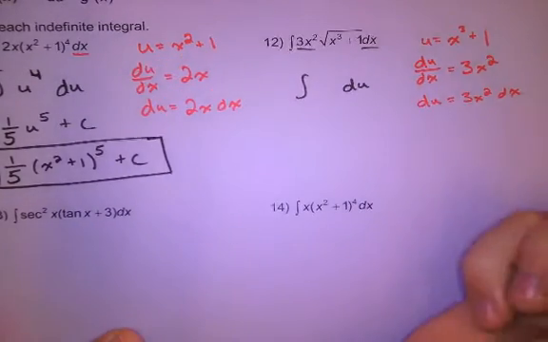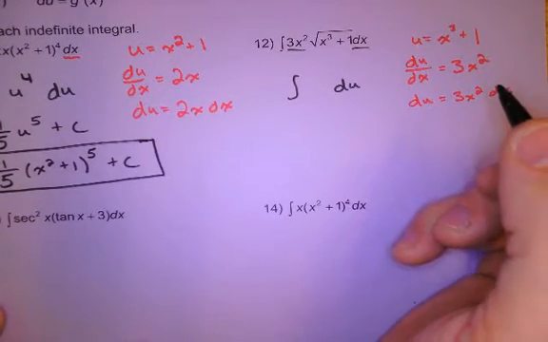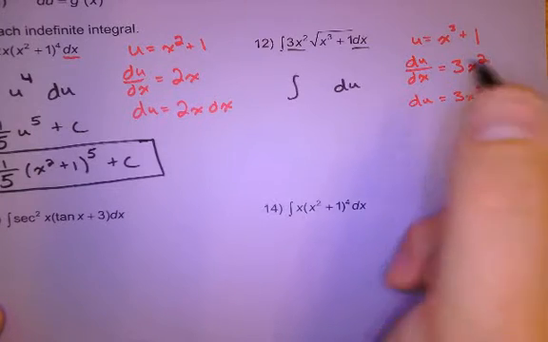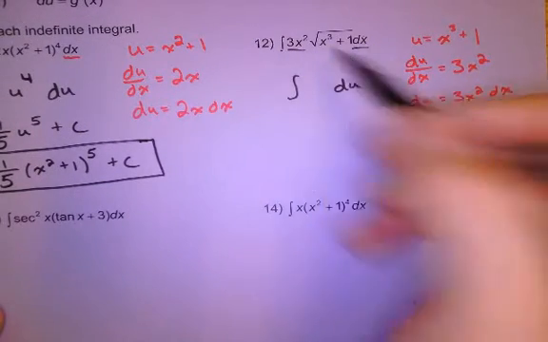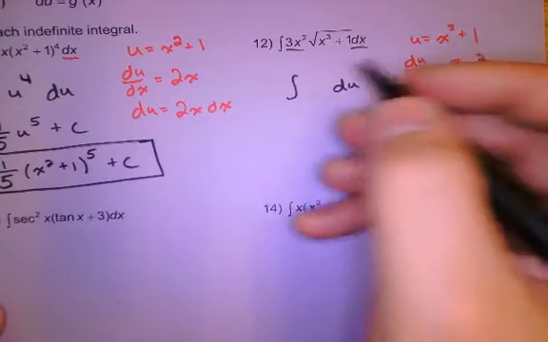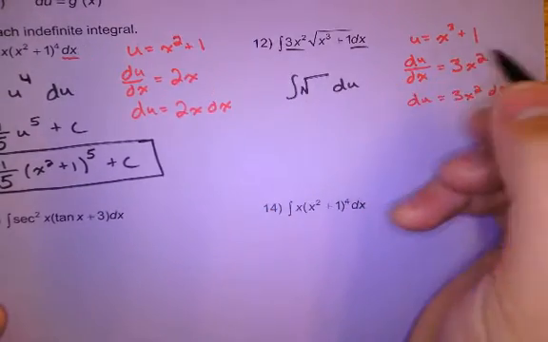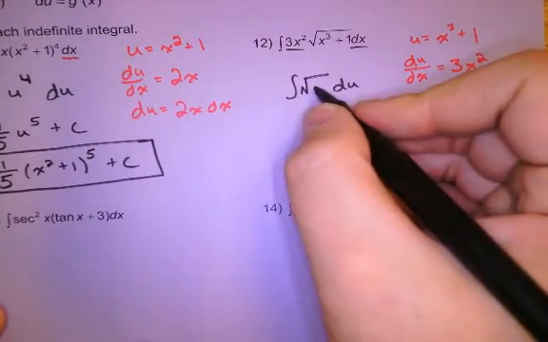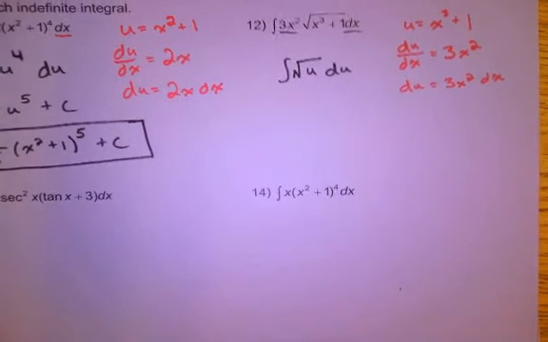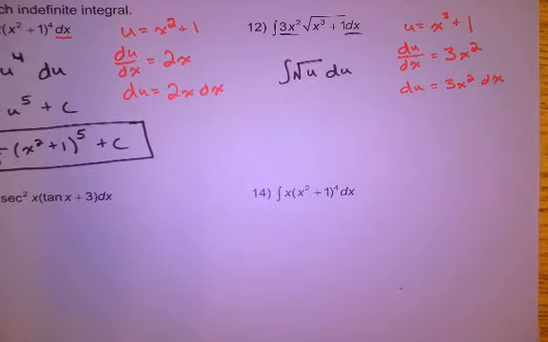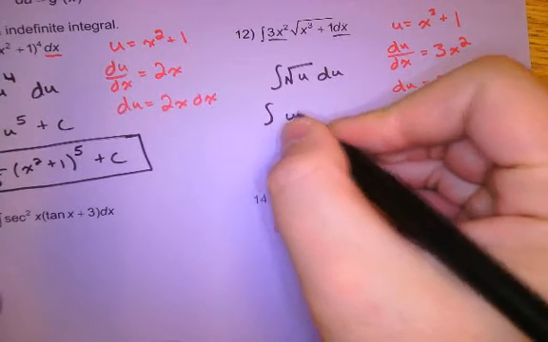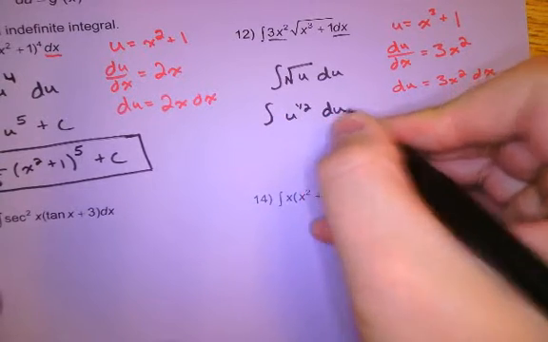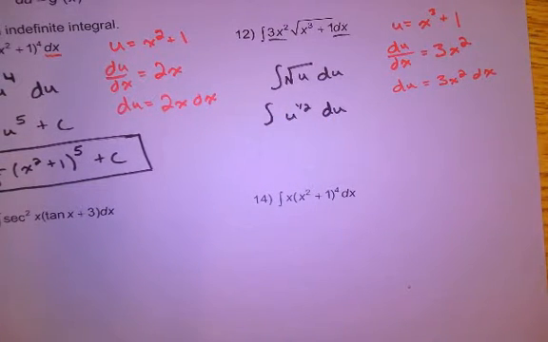So this 3x squared dx goes away, and I replace it with a du, and I'm integrating what? I just got rid of the 3x squared dx. Did the square root go away? Did the x cubed plus 1 go away? Yes, and turn into a u. Probably easier to integrate if we just write it as u to the 1/2.